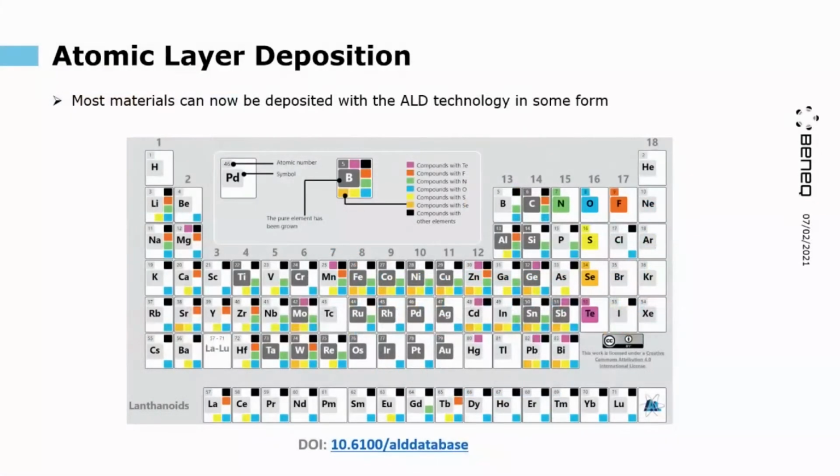ALD has been quite widely studied already, and a lot of materials have been published. This is a periodic table of elements showing all the different things that people have deposited with ALD. So there is a lot that has already been done.